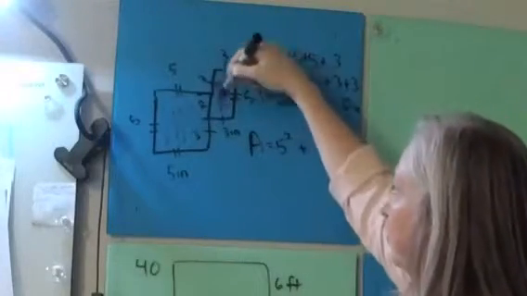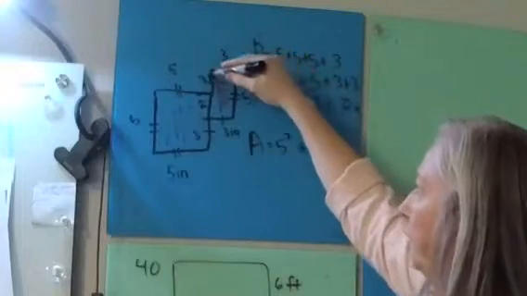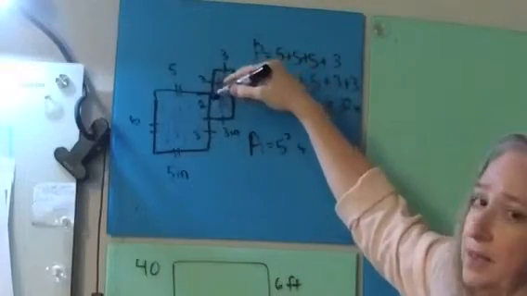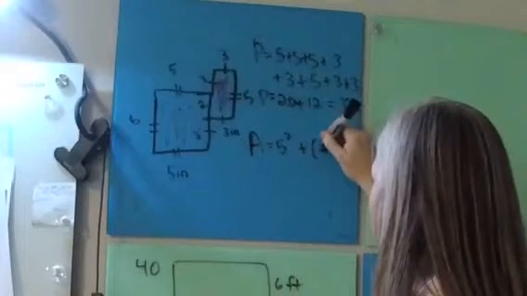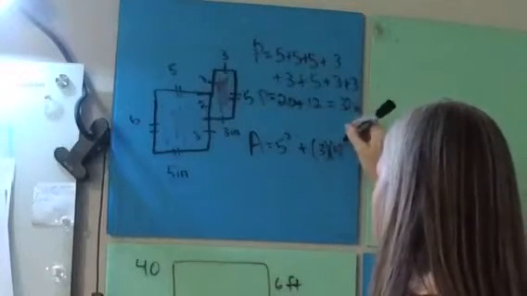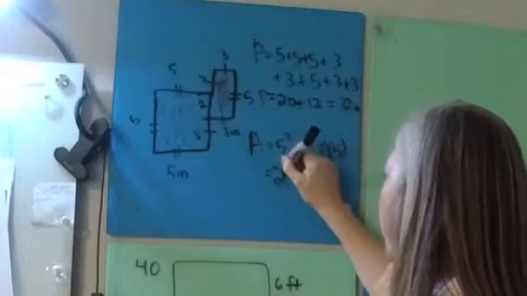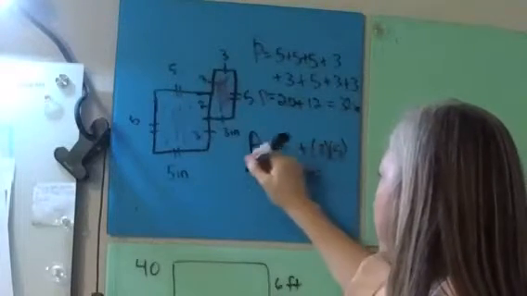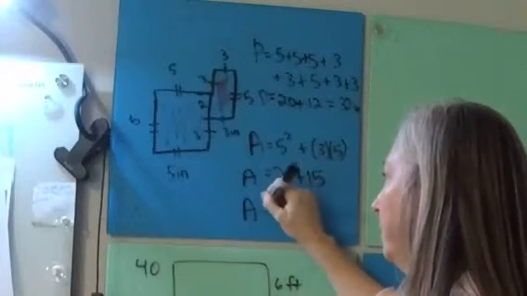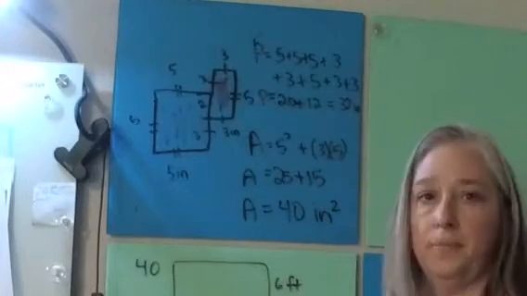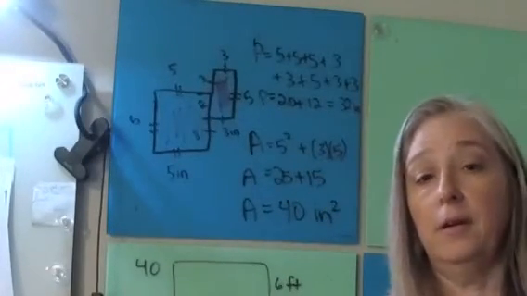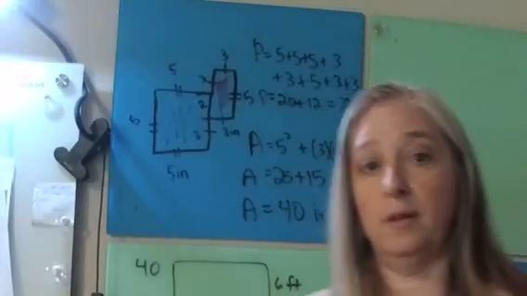And then the area of this rectangle, if I do the 3 plus 2 here, that's 5 on that side. So this is a rectangle, and I would be multiplying 3 times 5. So I'm going to get 25 plus 15, and that will be 40 inches squared. Okay, I'm going to stop here, and then I'll do one with the constructions.